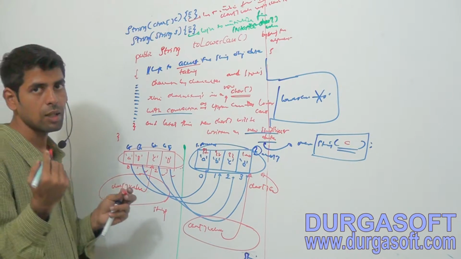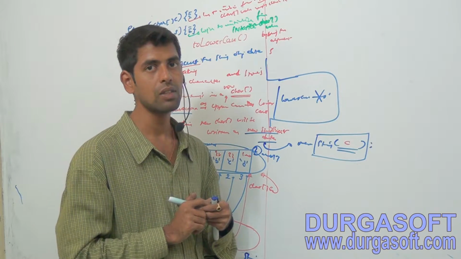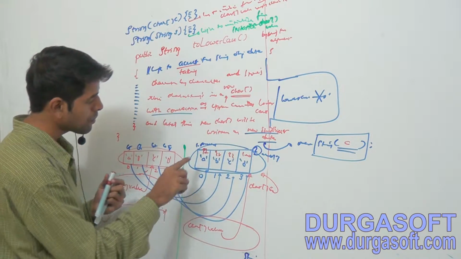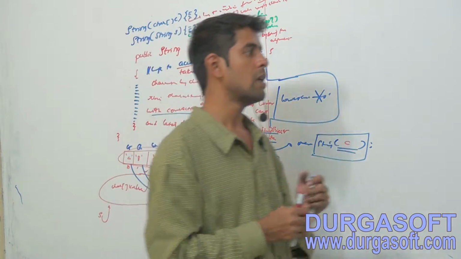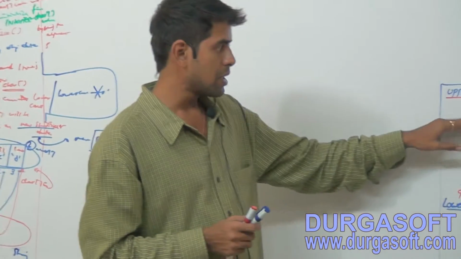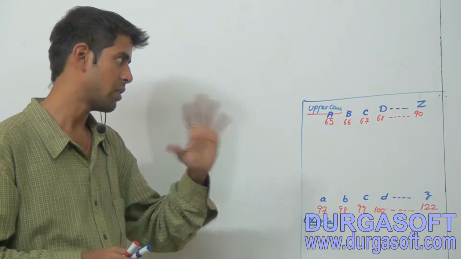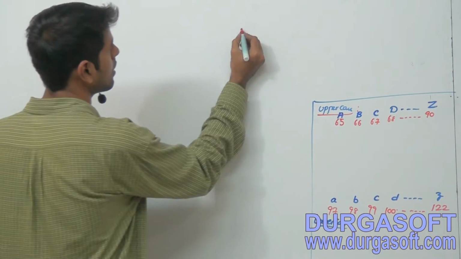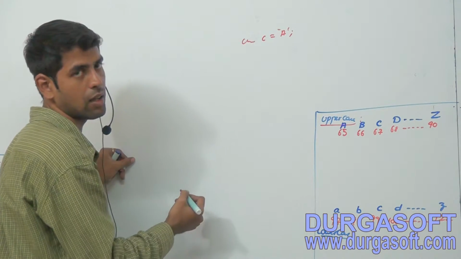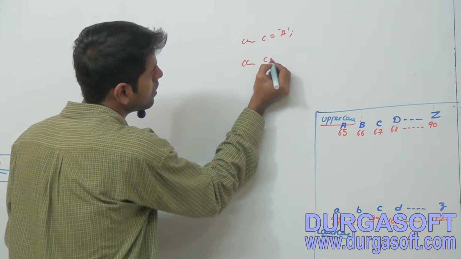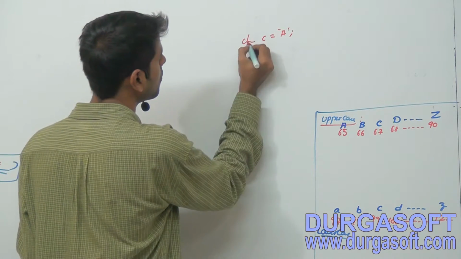Now let us make our brain work like our JVM. Internally JVM will use, as I said here, Unicode values only. 65 means capital A. Whenever I am iterating, of course leave it. Observe here: char c equals capital A. Now if I print c, what will be the output, friends?